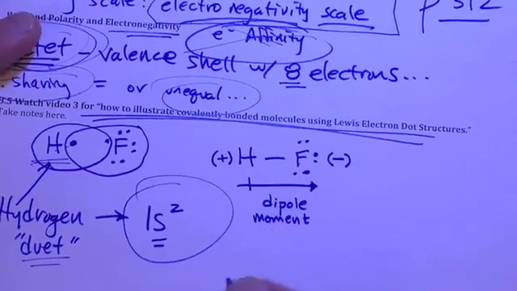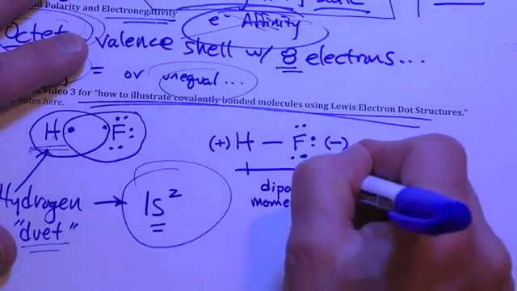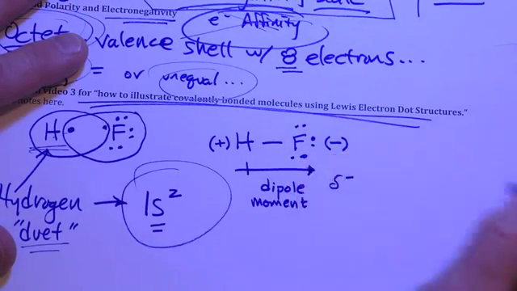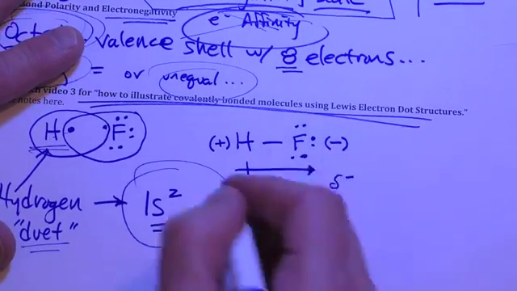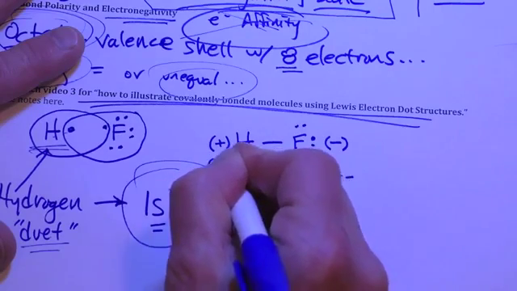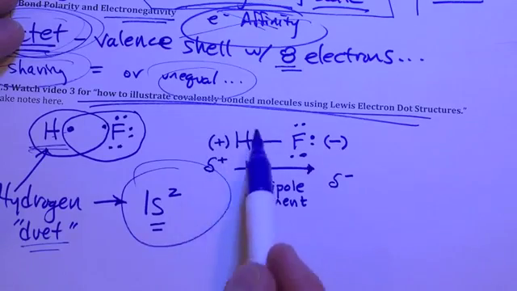We can also illustrate this dipole moment with this small Greek letter delta. The small Greek letter delta looks kind of like an S, and we put a little negative sign here indicating that there's a partial negative charge on this side of the molecule, and we can put a small Greek letter delta with a little positive sign on this side indicating that there's more of a positive charge on this side of the molecule.